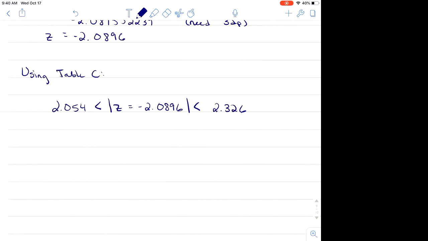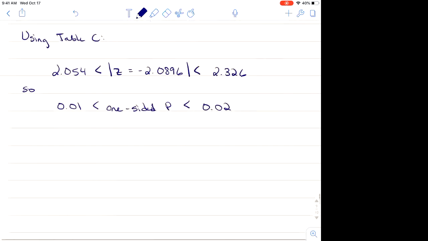I just want to read through here and check to make sure, okay, 2.054 is less than 2.0896, which is less than 2.326. So the one-sided P is going to be between, tracing down from 2.054 and 2.326, reading from right to left, 0.01 to 0.02. So the area in the tail is somewhere between 0.01 and 0.02.